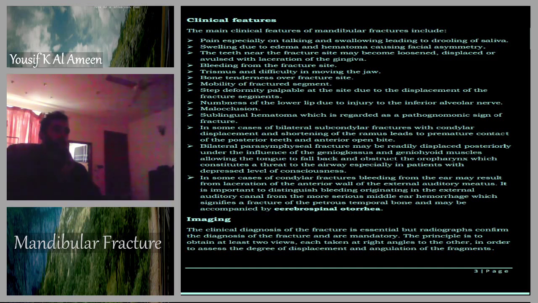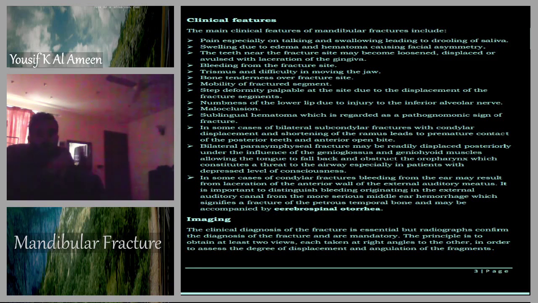Step deformity palpable at the site due to the displacement of the fractured segment.